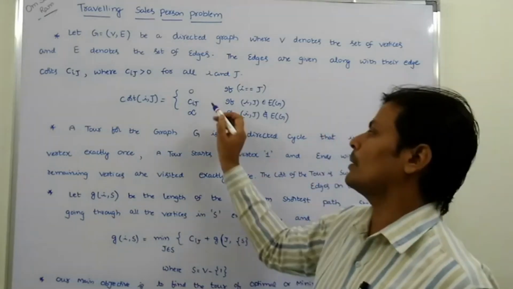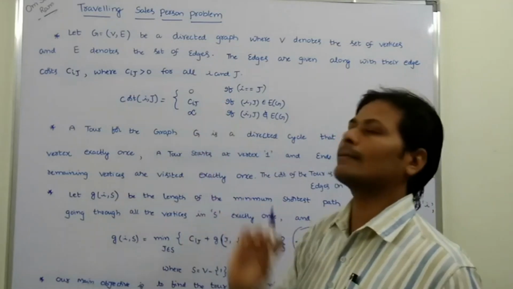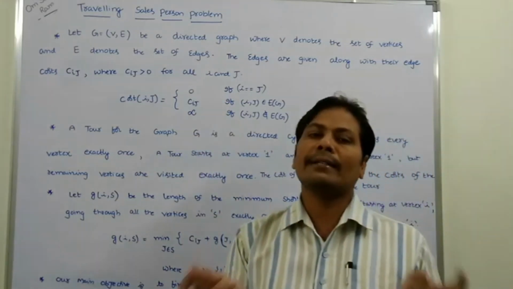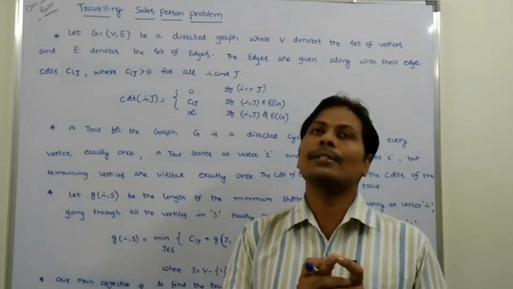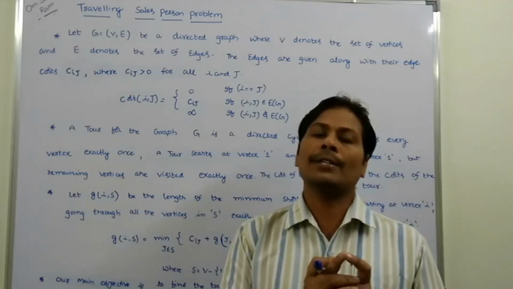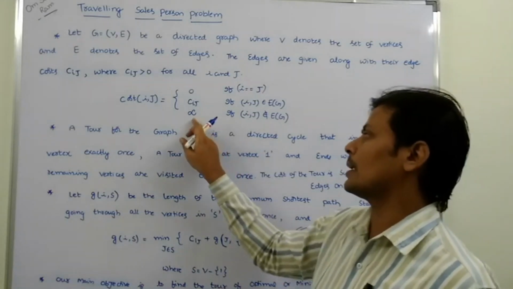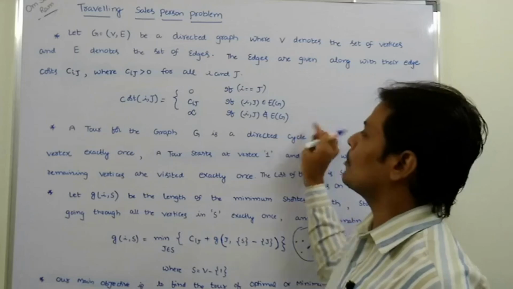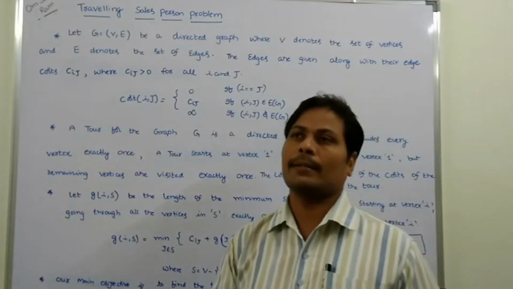Its cost can be represented by its weight, Cij. Suppose there is no direct edge between any pair of vertices, so that edge does not belong to the edge set of graph G. Then the cost is represented by infinity. So by using these three rules, we have to construct the adjacency matrix.